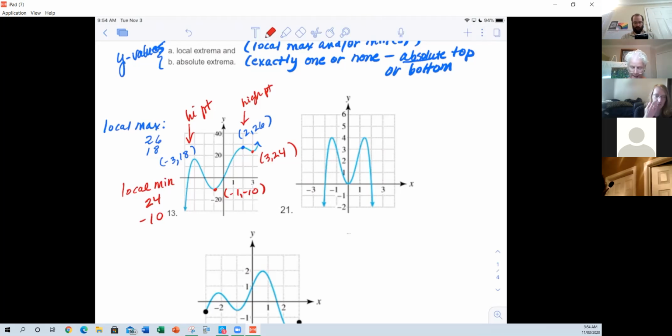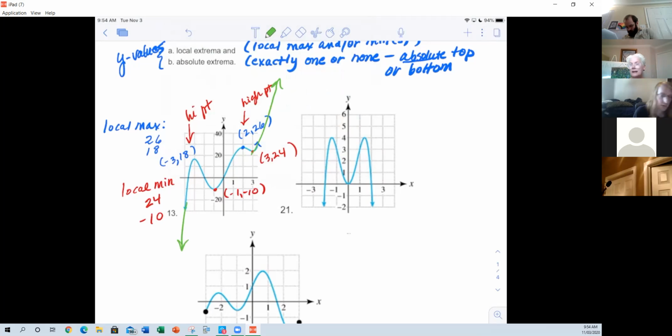Now, what about absolute? Are there any absolute extrema? No, it looks like it keeps going in both directions. This one keeps going infinitely up. This one keeps going infinitely down.